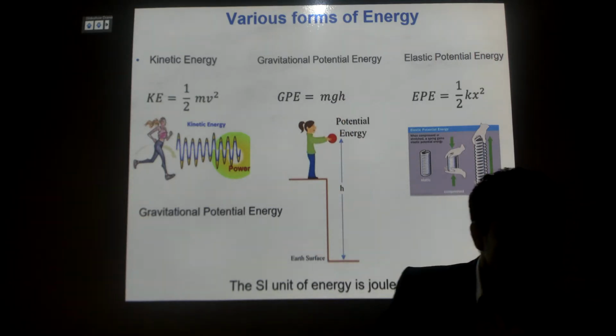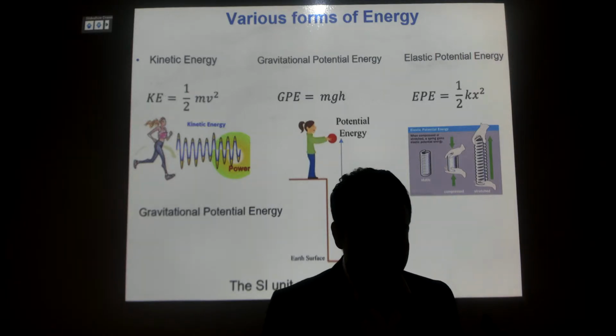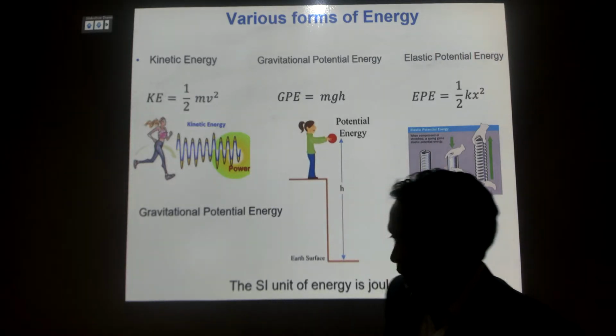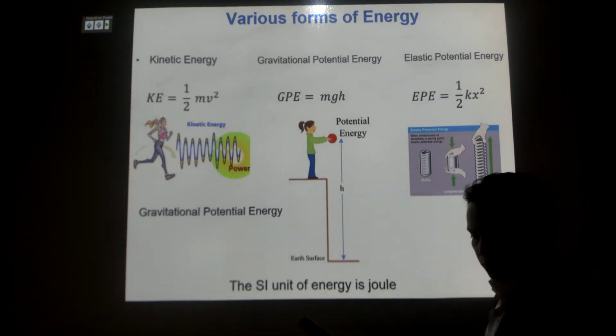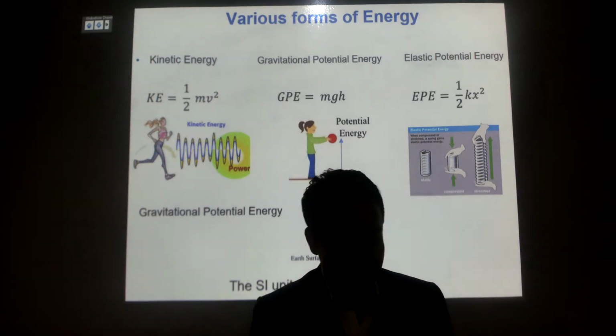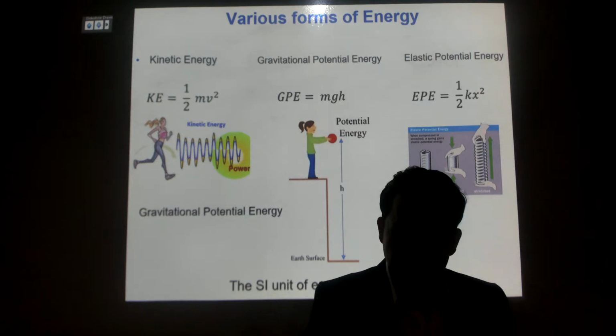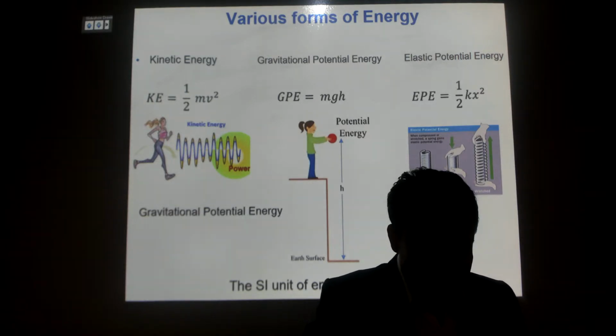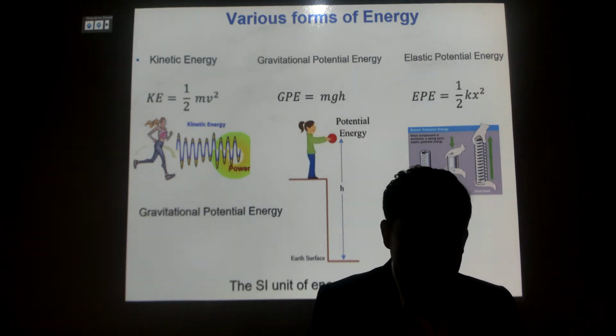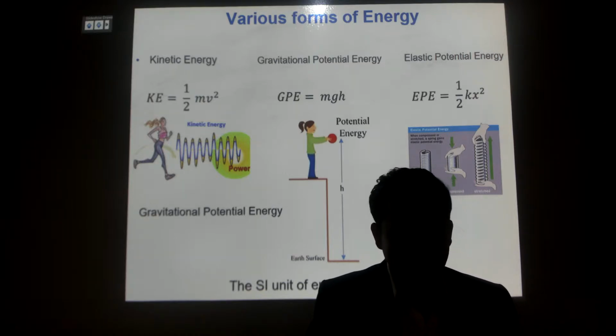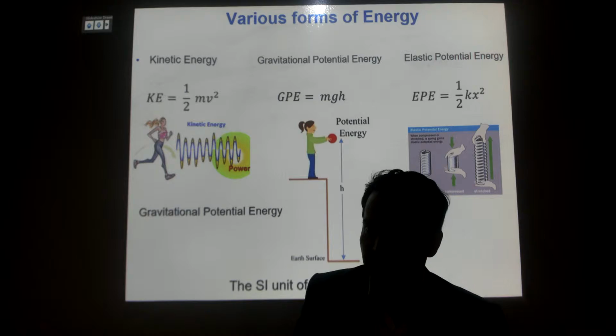The other form of energy is the elastic potential energy. Let's say you have a spring. If you take the spring and stretch it or compress it, it stores energy that is called the elastic potential energy. For example, a gun has elastic potential energy.